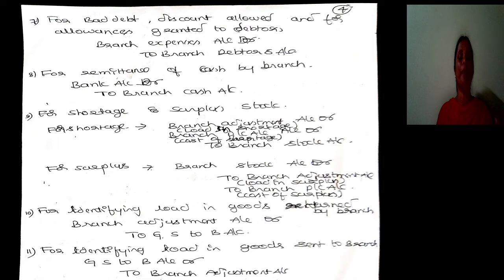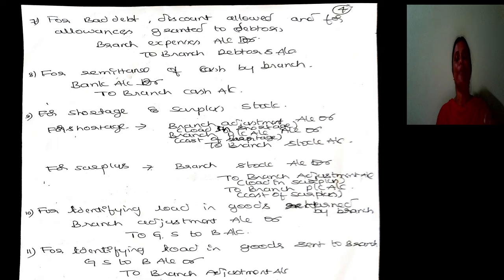In case the branch remits cash to the head office, the bank account of the head office increases and branch cash decreases. Journal entry: Bank account debit to Branch Cash account. If there is a shortage or surplus of stock, we should identify the loading and cost price, in case goods are sent at invoice price.